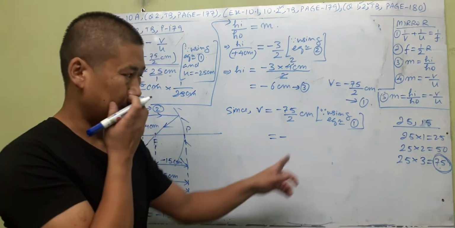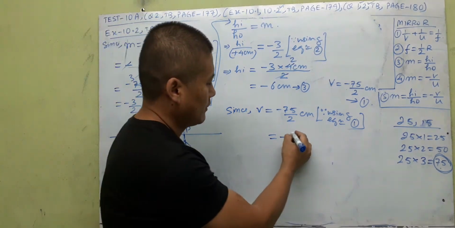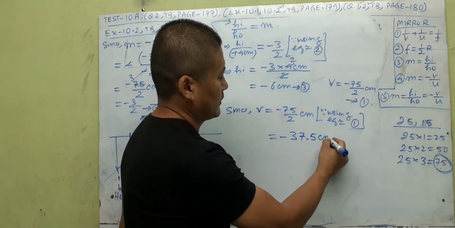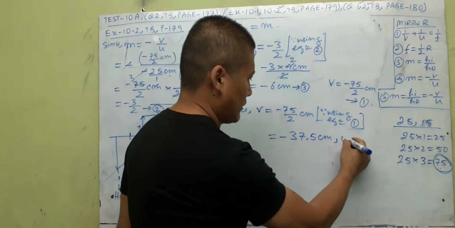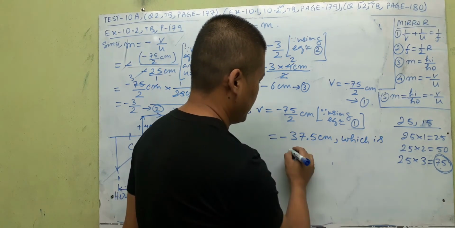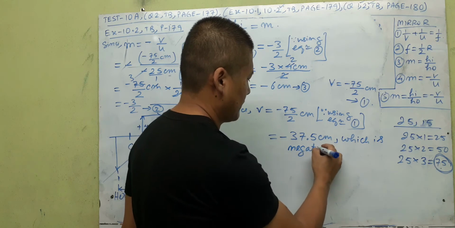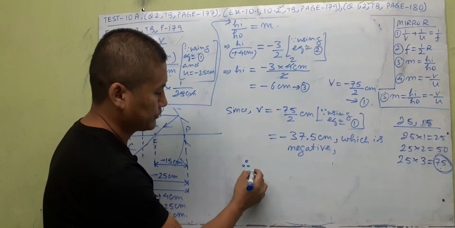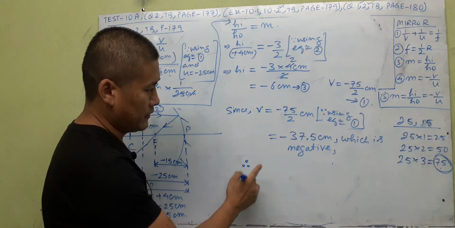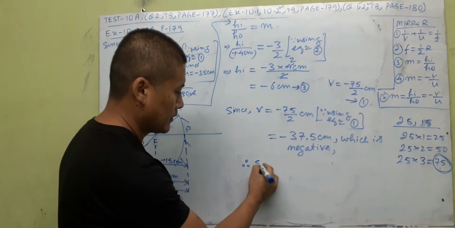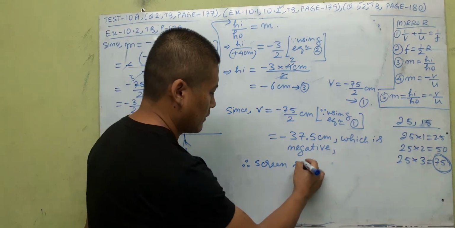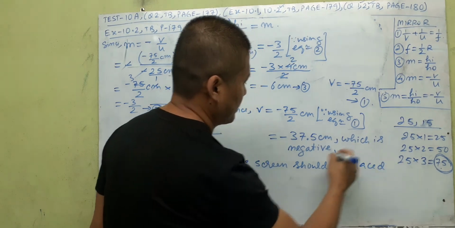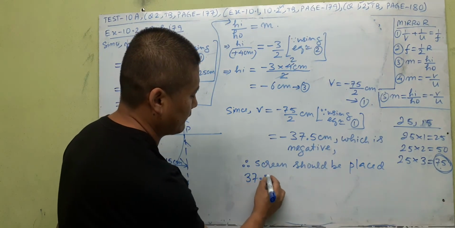Now let us divide it because we're going to write our final answer. It's better to divide like this in the end, it becomes easier. 2 3s are 6, 1 in n, 2 7s are 14, 1 in n, point, centimeter when you divide these two. Now we can write here, negative, clearly minus, right? Therefore, V is the distance of the screen, so the screen should be placed 37.5 centimeter.